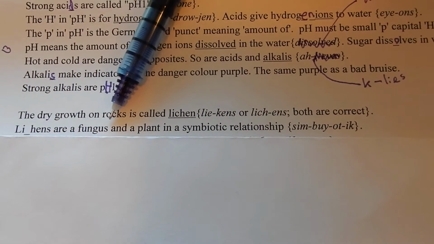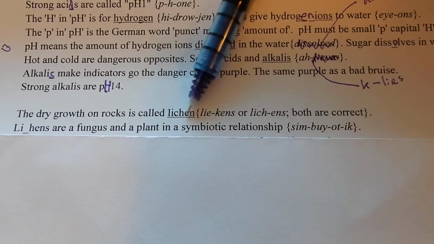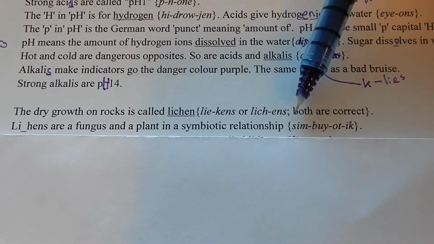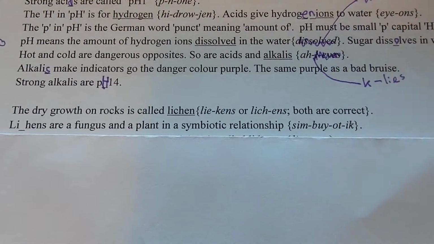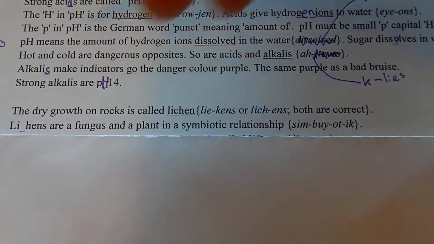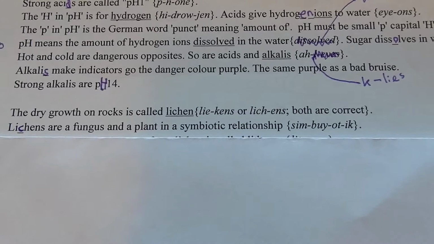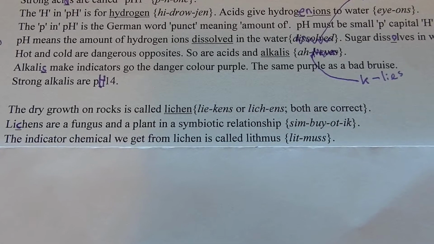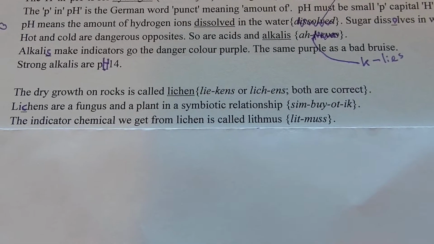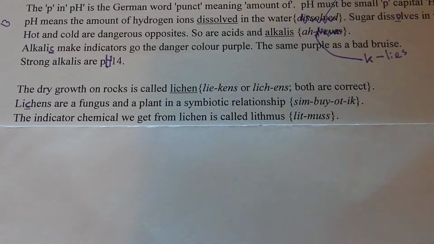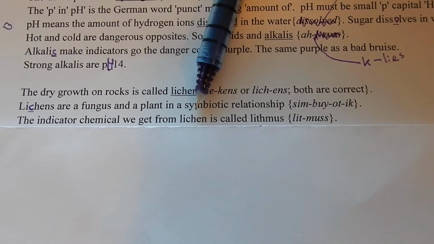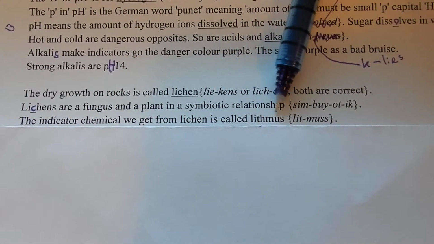Lichens are a fungus and a plant in a symbiotic relationship. Red cabbage is okay for acids, but lichens are much better. The indicator chemical we get from lichens is called litmus.